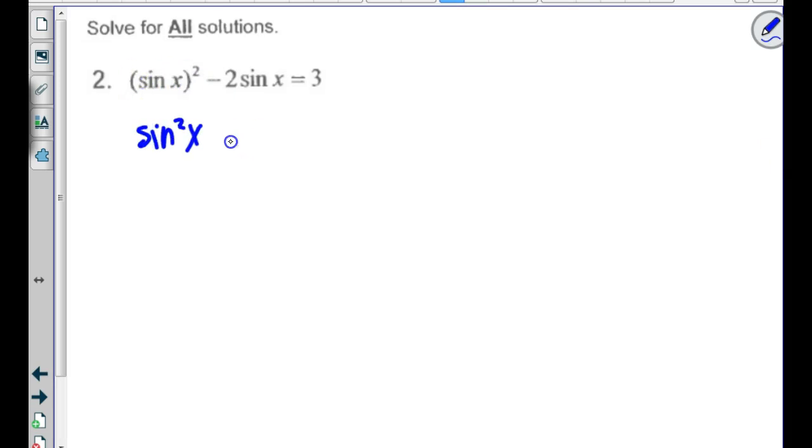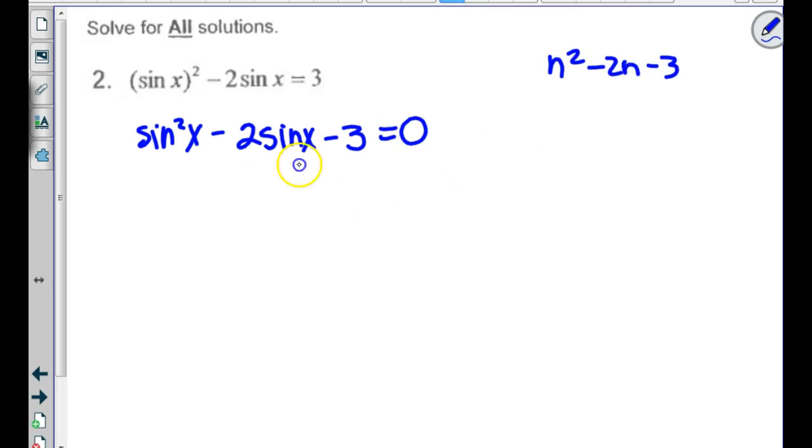Just written funny. Minus 2 sine of x, then what would you have to do? Subtract the 3 so that it equals 0, and then you would what? Yes, it's like an n squared minus 2n minus 3. How does that factor? N minus 3 and plus 1.